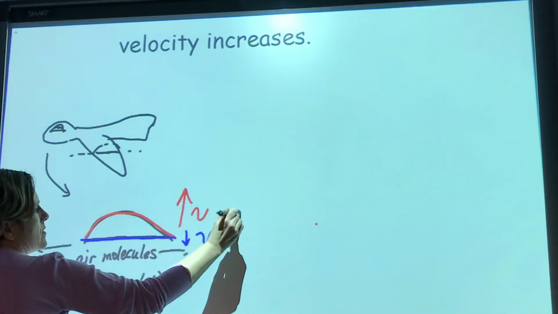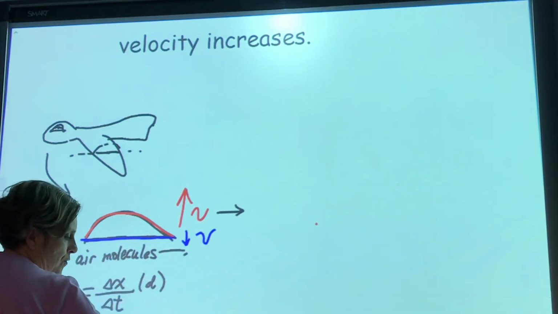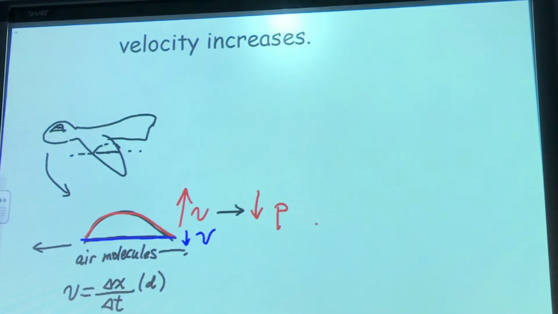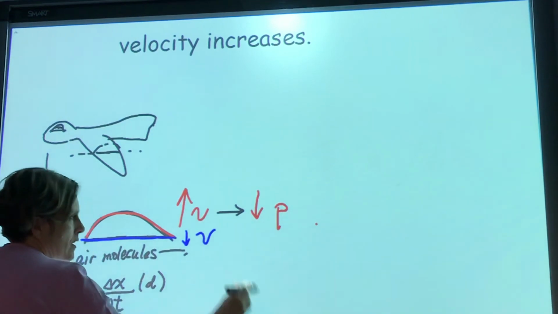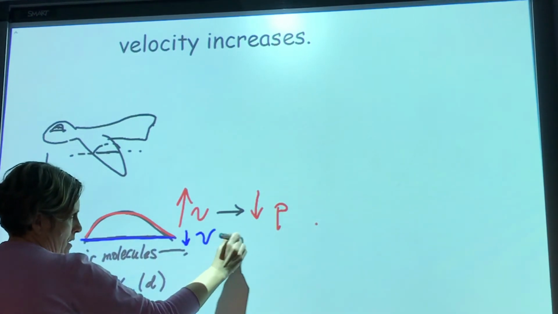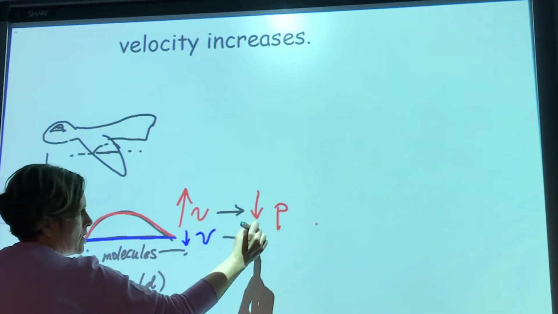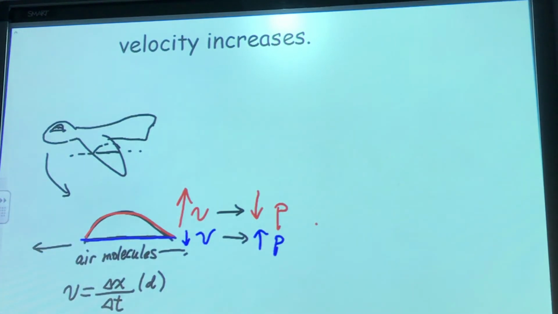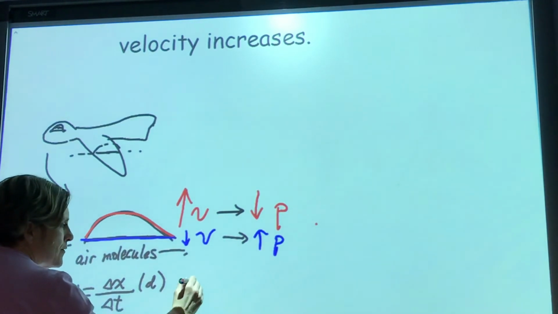It says we will have lower pressure on the top and higher pressure on the bottom. What does that give us? That gives us a situation of something called lift.